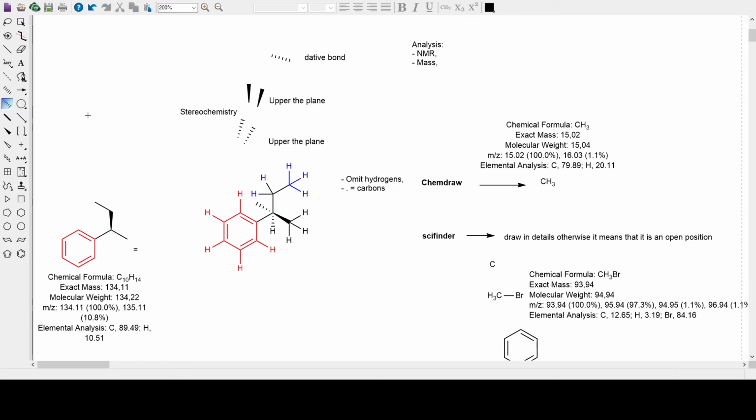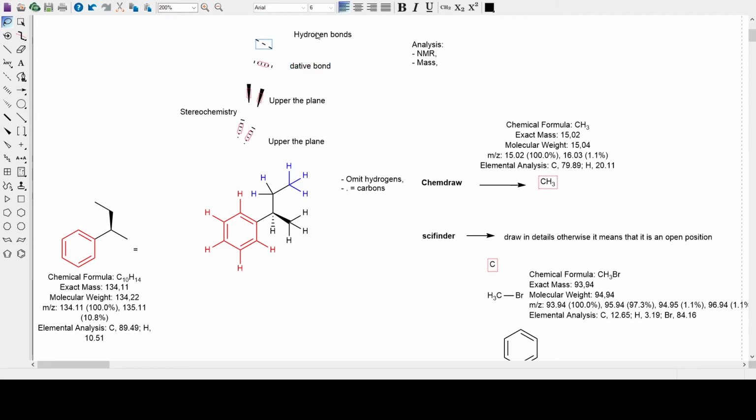Here the hydrogen is like a triangle, okay? But if you use a dash point like this, it means that it's a hydrogen bond. Hydrogen bonds, okay? That's something very important to know. Les liaisons datives et les liaisons hydrogènes.